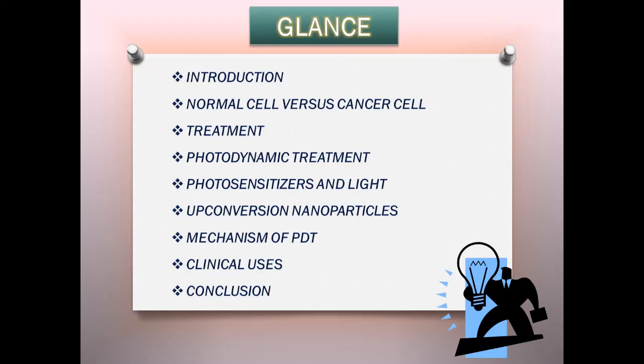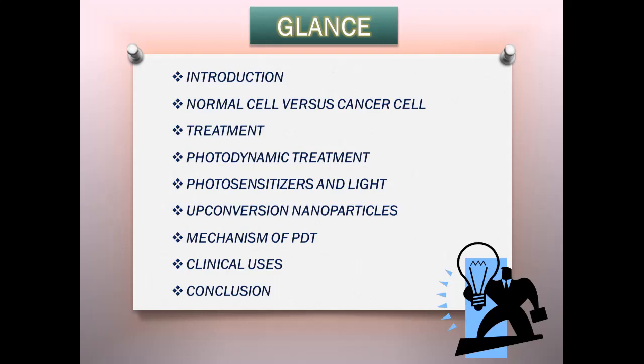Photodynamic therapy includes a type of drug called a photosensitizer, which is the main component in this treatment, and also a particular wavelength of light, which can be changed according to the type of photosensitizer. Nanoparticles can also be used. There are a variety of nanoparticles like gold, silver, and upconversion nanoparticles, and the focus area here is upconversion nanoparticles.